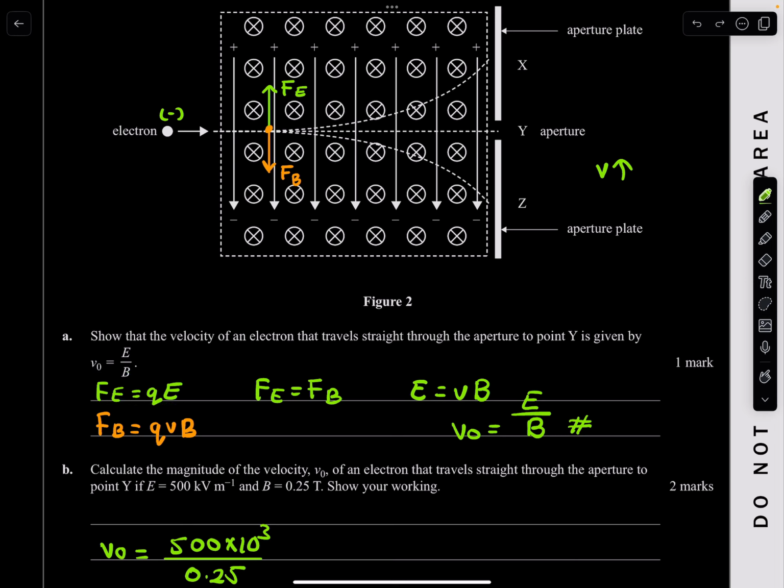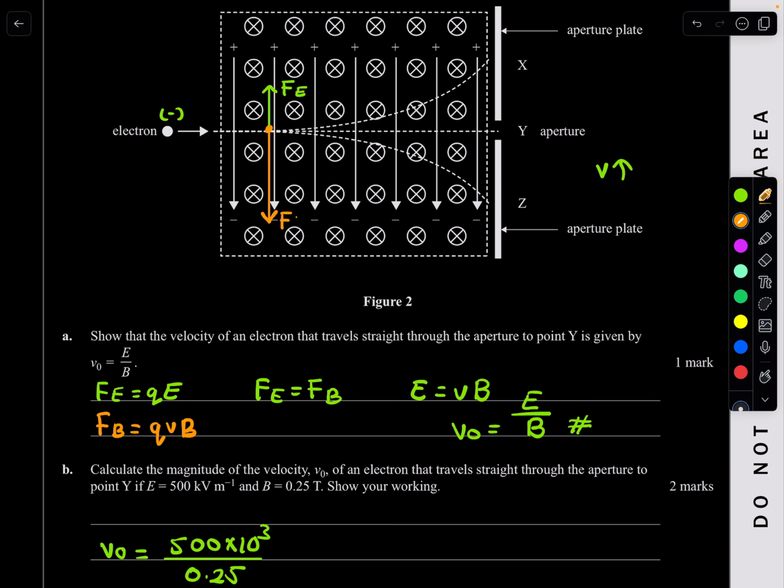But have a look at the magnetic force here. It is actually dependent on velocity, as we've shown from this formula. So if you increase your velocity, you're increasing the magnetic force. So imagine now this force over here is larger if you increase your velocity.